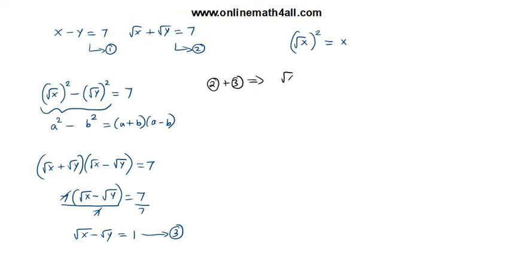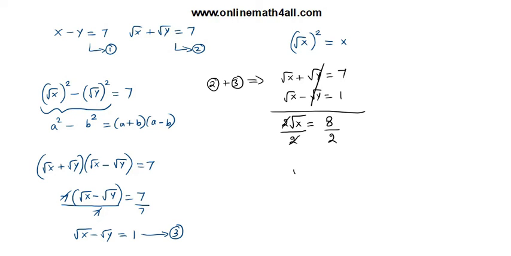Square root of x plus square root of y is equal to 7, square root of x minus square root of y is equal to 1. So positive square root of y and negative square root of y will cancel out. You get 2 times square root of x, and on the right side 7 plus 1 is 8. To solve for square root of x I have to divide both sides by 2. So 2 will cancel out. I get square root of x is equal to 4.